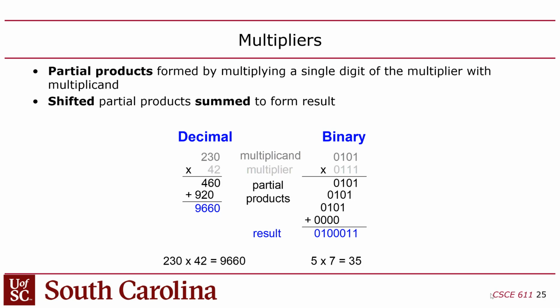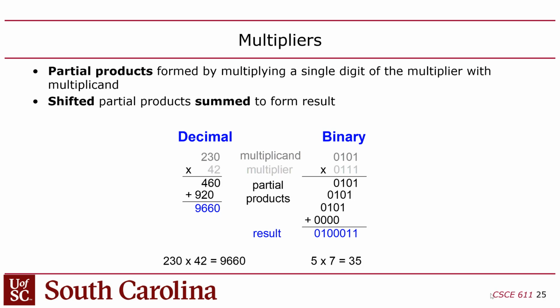So that'll take 5. Okay, so that's 5 plus 5 shifted is 10, plus 5 shifted twice is going to be 20, right? So 5 plus 10 plus 20 is 35, which is 5 times 7, right?